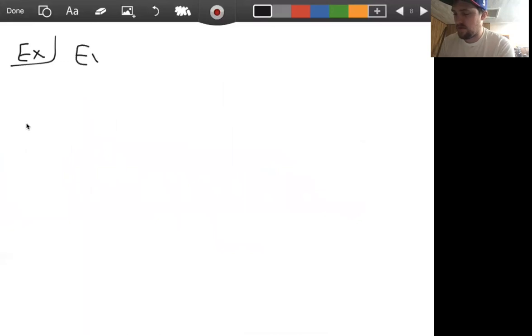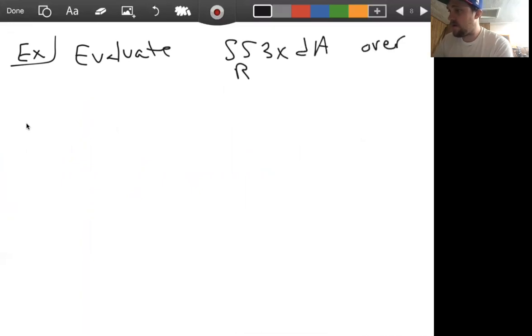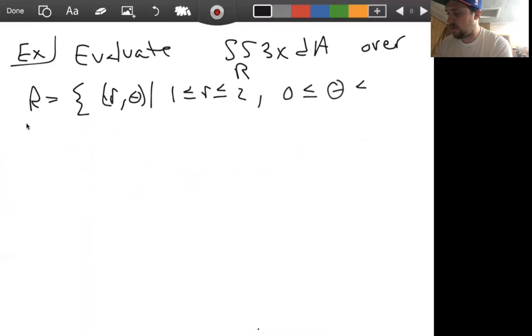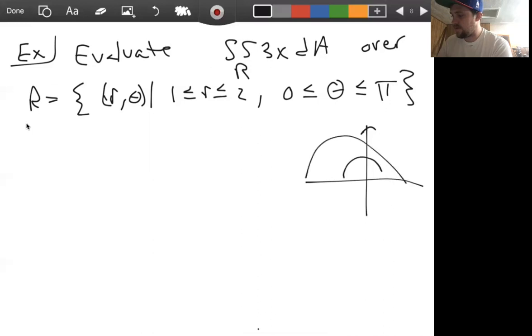Let's evaluate the double integral of 3x dA over the region R, which is points r and theta such that r is between 1 and 2, and theta is between 0 and pi. And so now we know what our region is. Now it's an annulus again, but it's radius 1 and radius 2 this time. And it's still the upper half plane because theta is between 0 and pi.